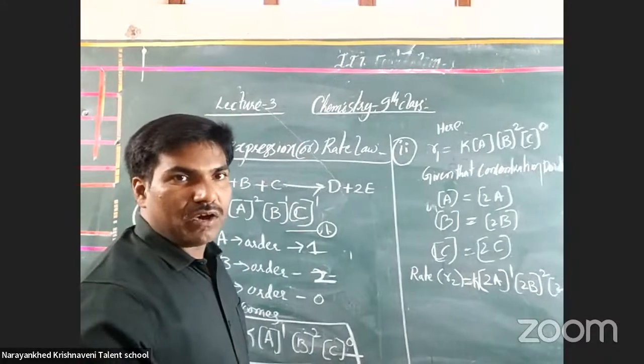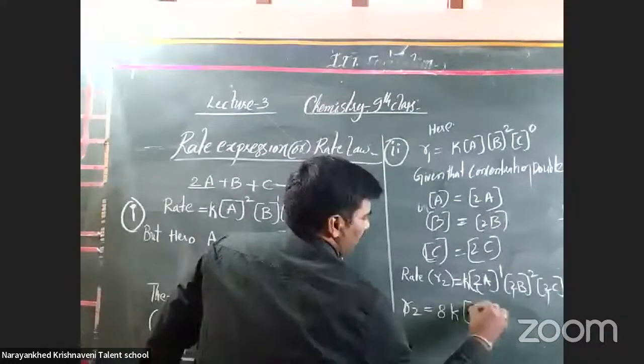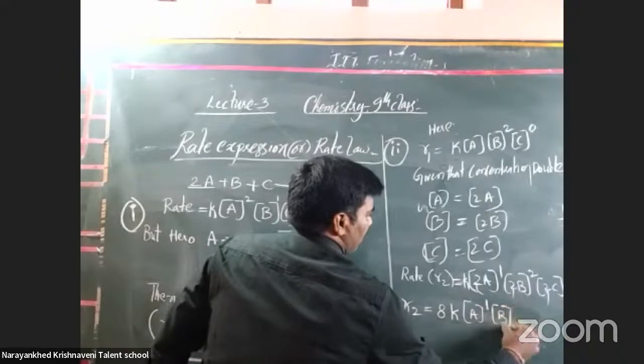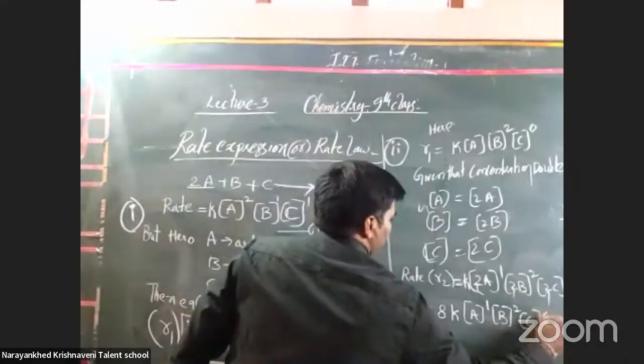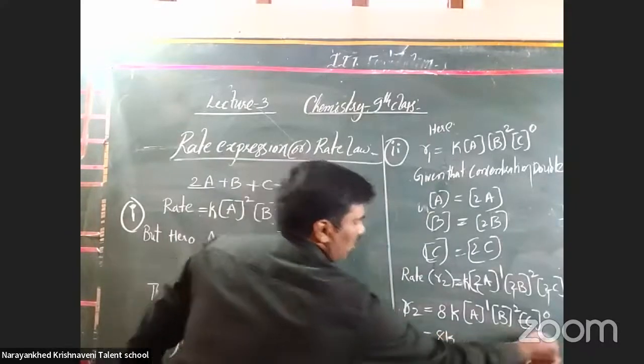That is why you have to take 8, which comes into A to the power of 1, B to the power of 2, and C to the power of 0. And R2 is equal to 8k into this.